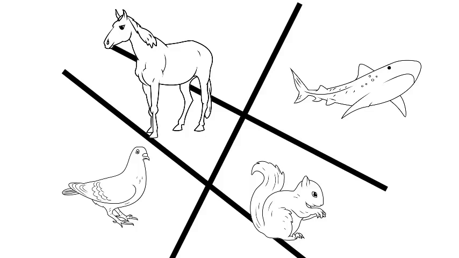So in this example, the horse and the pigeon are same side, but the horse and the squirrel are alternate. Similarly, the horse and the shark are alternate, but the shark and the squirrel are same side, and the pigeon and the shark are alternate because they are on opposite sides. So remember, if it's same side, we say same side, and if they are on opposite sides, we say alternate.